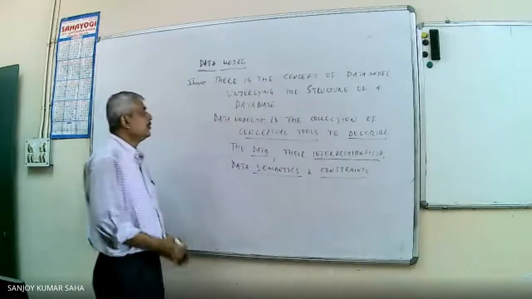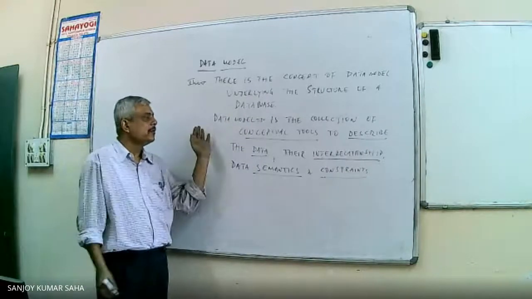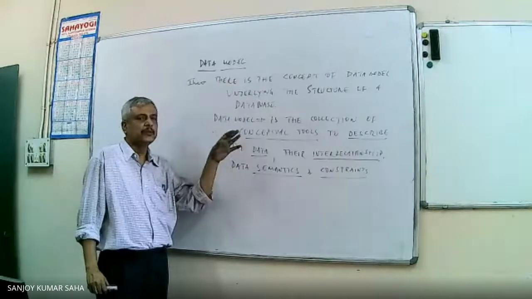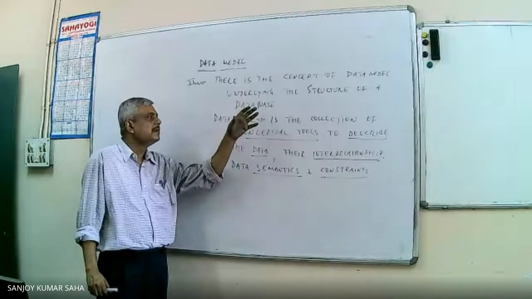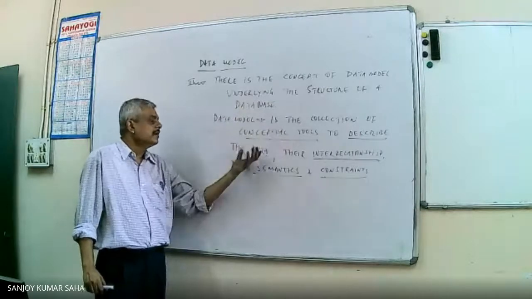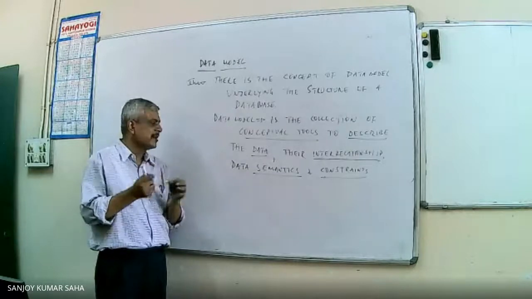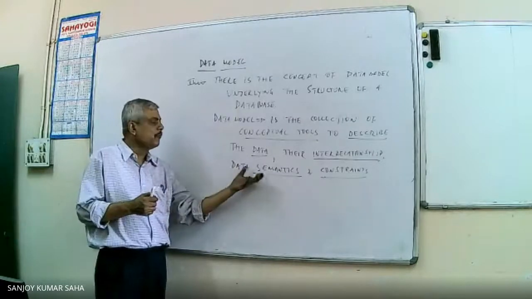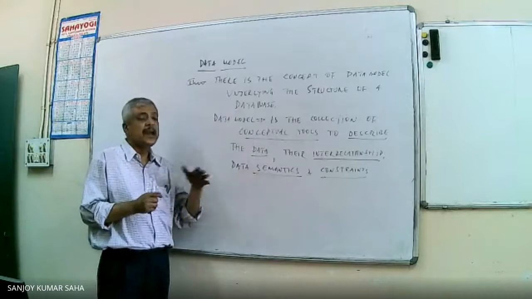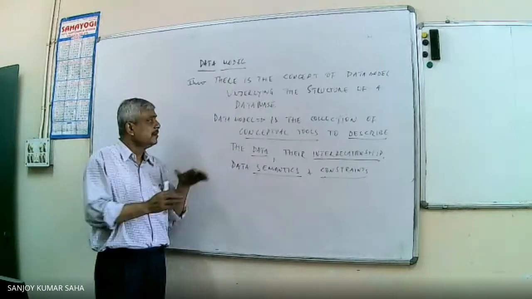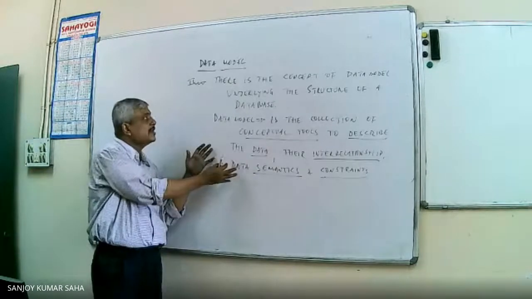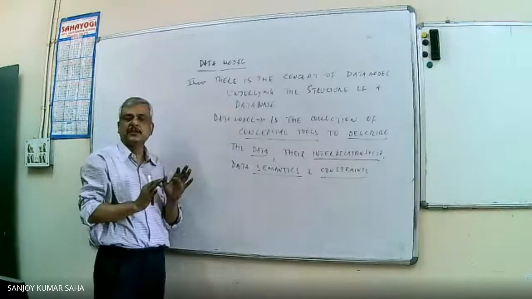So that means through the data model, we can represent the data description, their relationship, association kind of thing. We can go for interpreting the data and the constraints on the data. So based on these, we can go for defining the structure of the database.